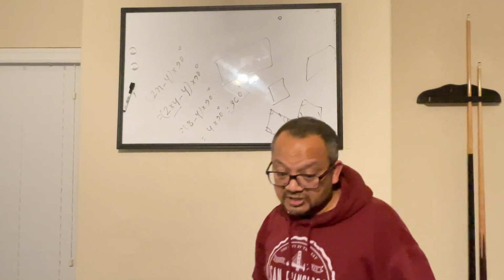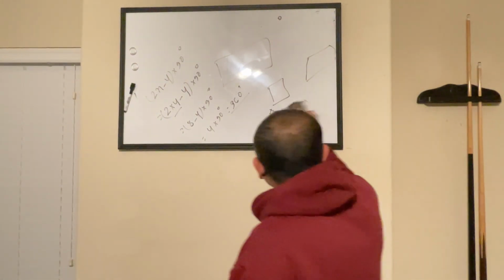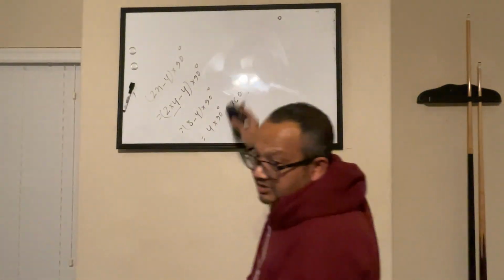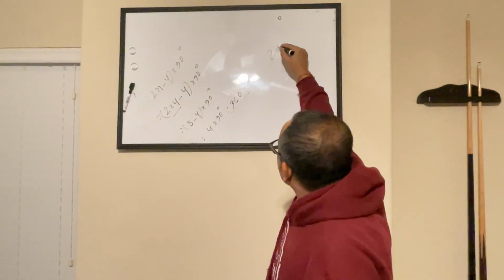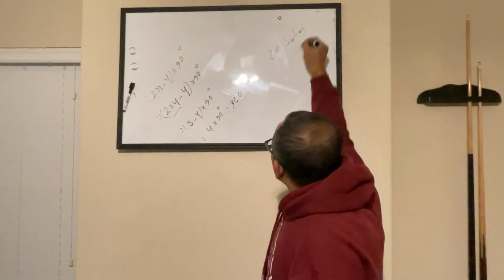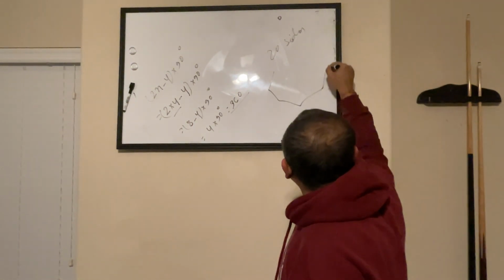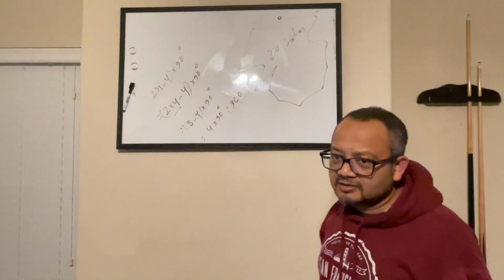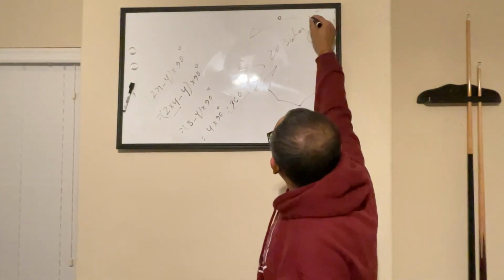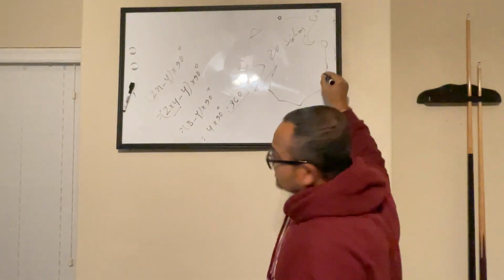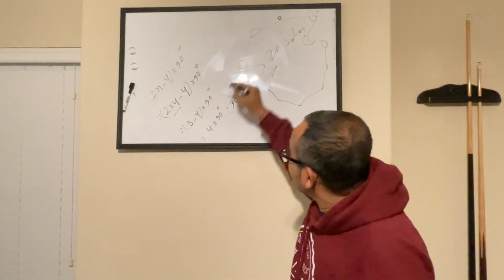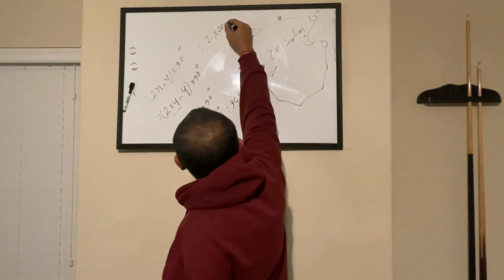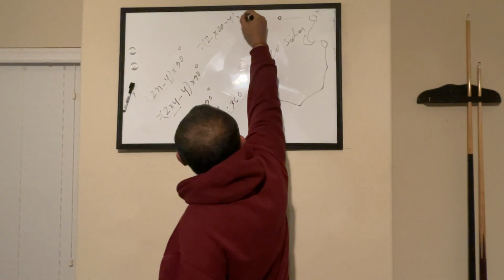So tomorrow if somebody comes to you saying that I have a shape which has 20 sides, he might have built something like this, and he is asking you to find out the sum of all the angles, you'll just apply this formula. 20 sides, so 2 into n is 40, minus 4, is 36 into 90.